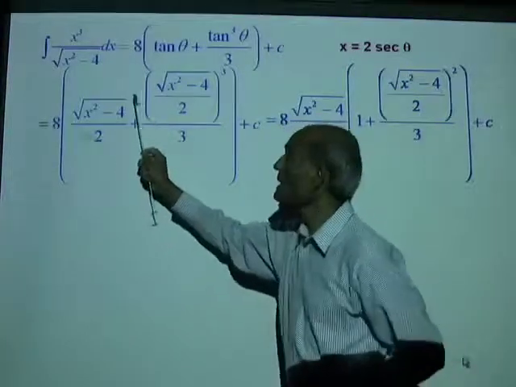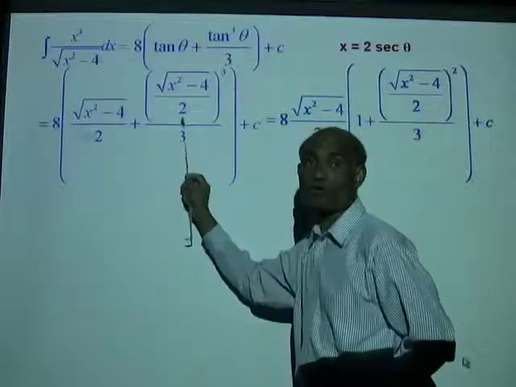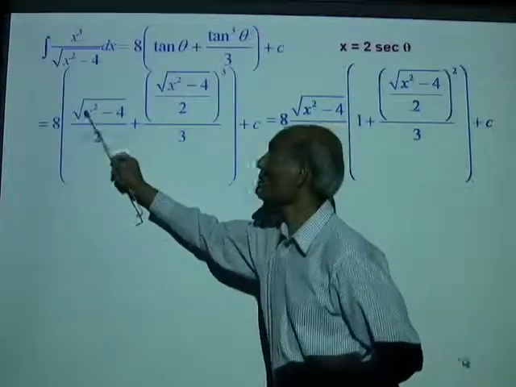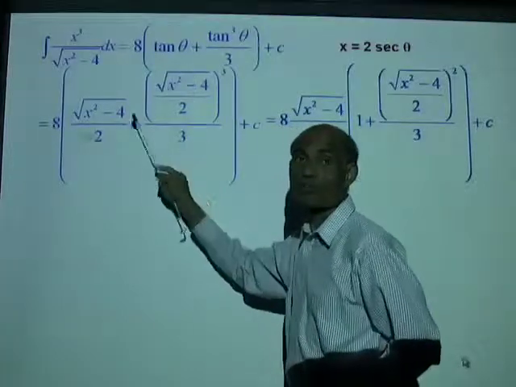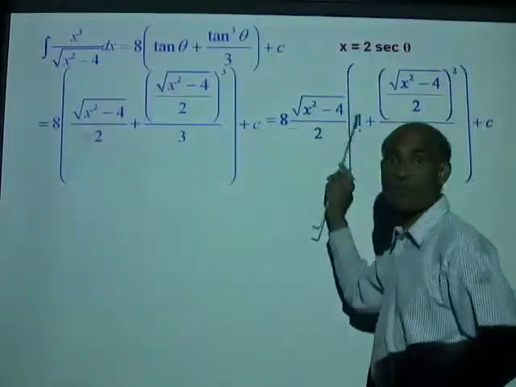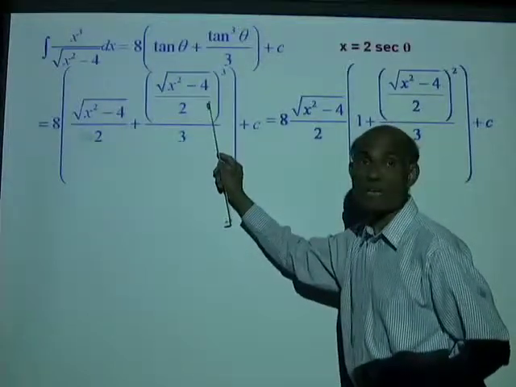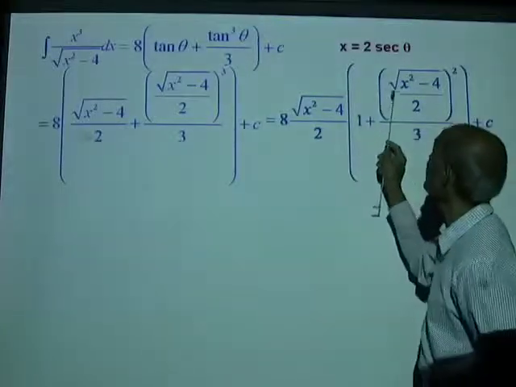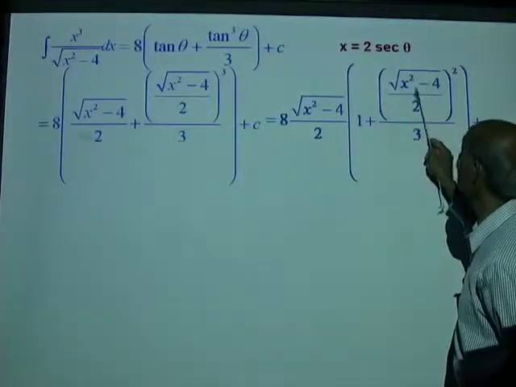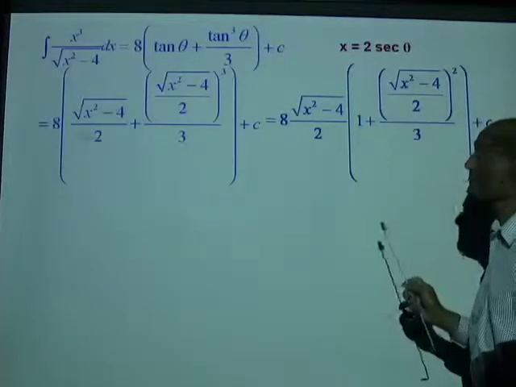So once again, you factor out square root x squared minus 4 over 2, this quantity, from both these. When you factor it out, this is left with a 1, and this is raised to the power of 3. Only one of them is factored out, so you are left with square root x squared minus 4 over 2 raised to the power of 2 over 3.